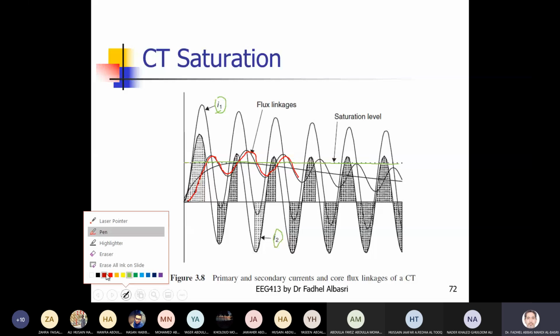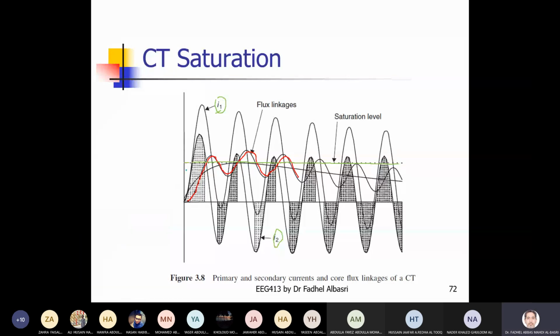Now, as you can see from this, if the CT is not saturating, meaning the flux is still before the green line, the current at the secondary is sinusoidal. But once it reaches this point, it will saturate, so it goes to zero.